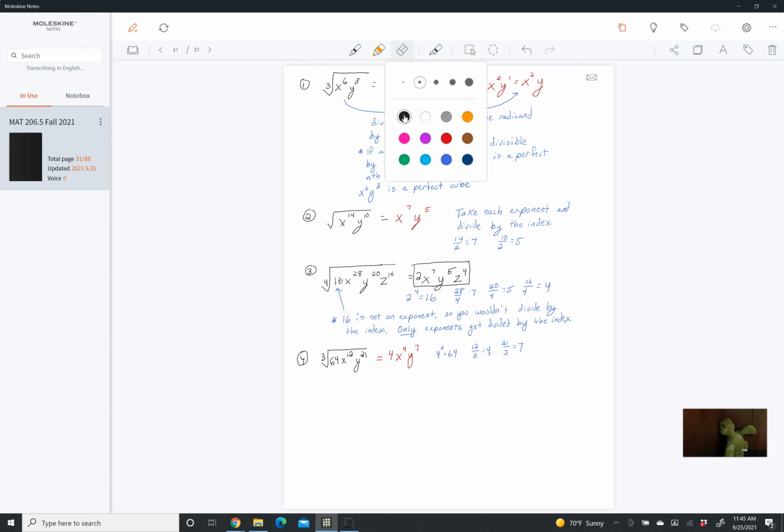Let's start with the square root. So notice there is no index, which means that the index is 2. Square root of 12x to the 7th, y to the 9th.